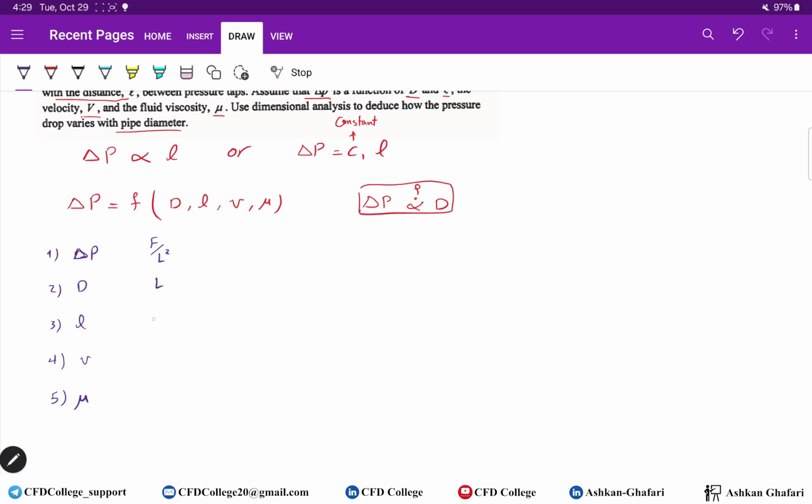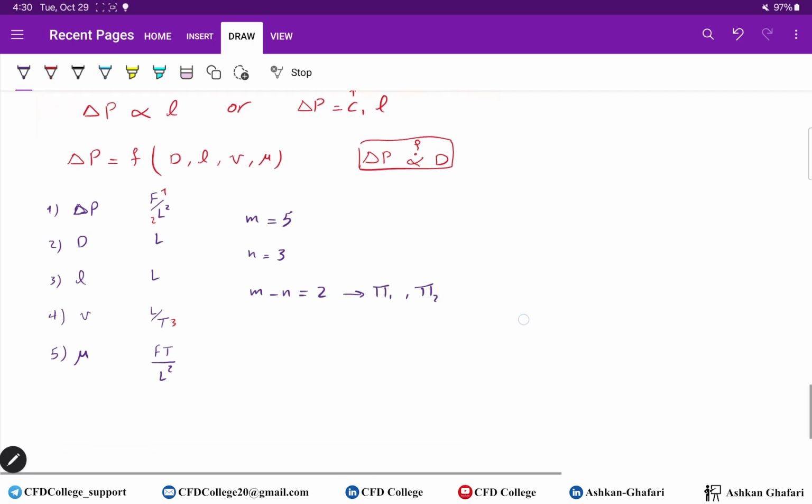D is L, L is L, velocity is L per time, and viscosity is F t over L square. So M is 5. We have F, L, and T, so N is 3. M minus N equals 2.